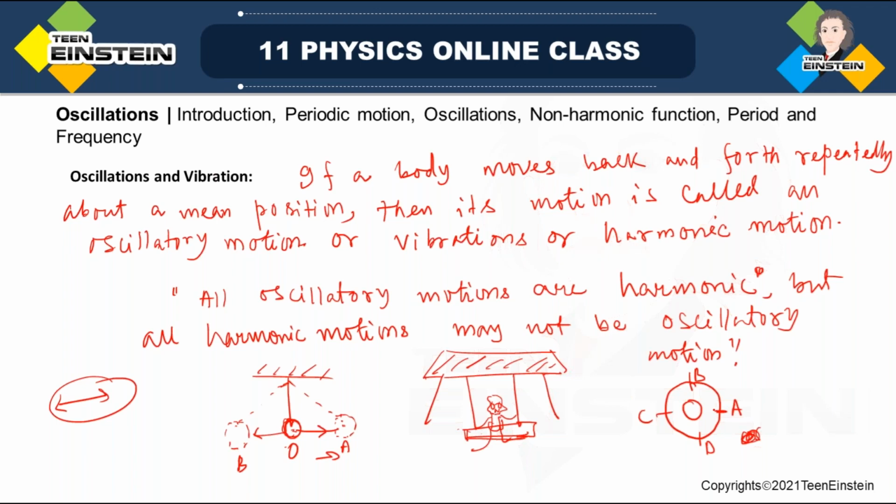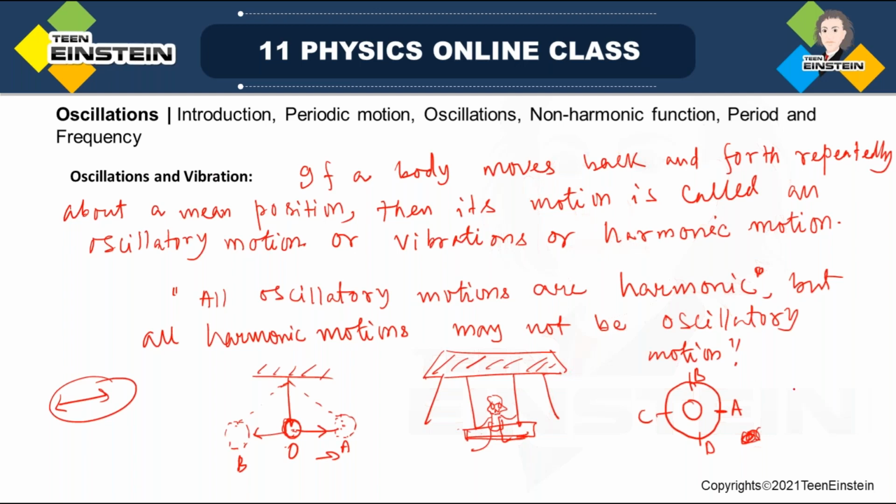In the circular motion, this is a harmonic or periodic motion because it is repeating its motion after a particular time interval, but it is not oscillating or moving back and forth about a mean position, and it does not have any extremum or minimum displacement or maximum displacement. There is no concept of that.